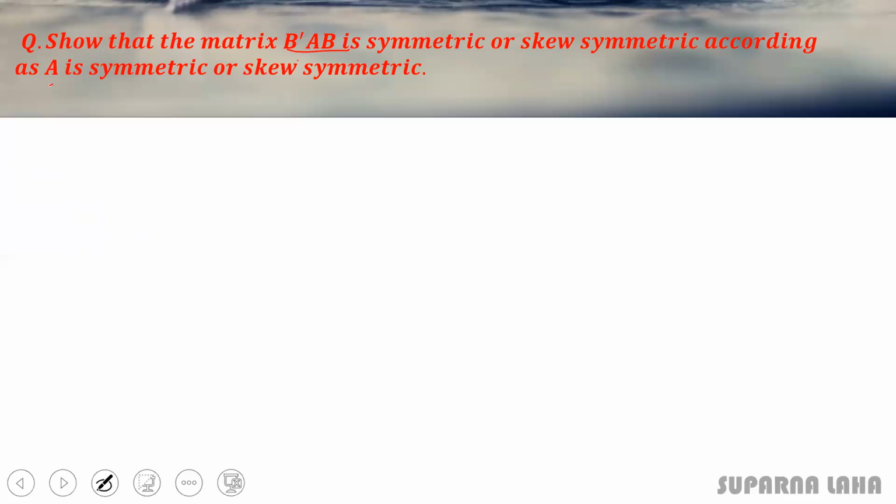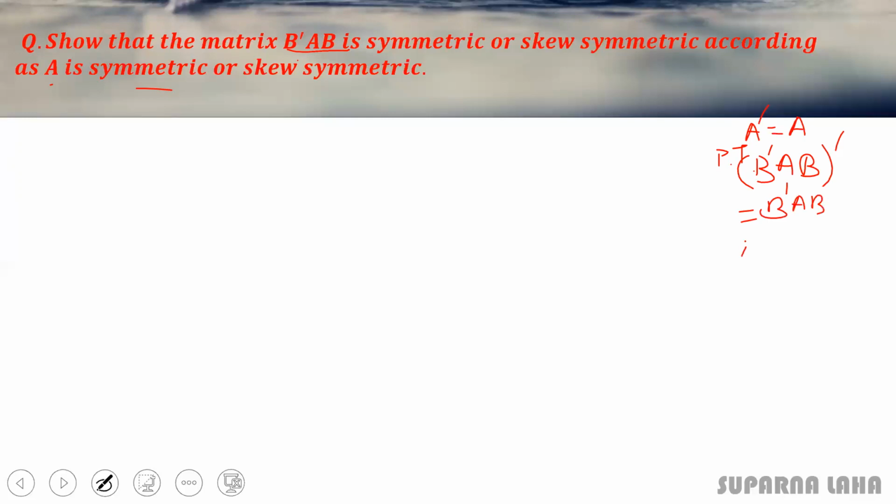So what is given? If we take the first condition, symmetric, that means given is A prime or A transpose is A, then we have to show that B transpose AB, its transpose, is given by B transpose AB.